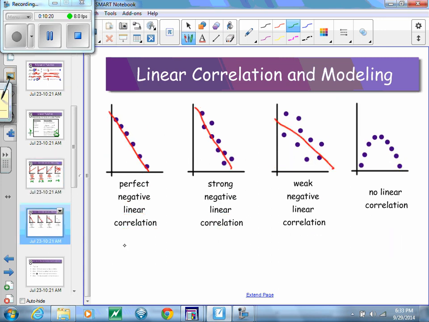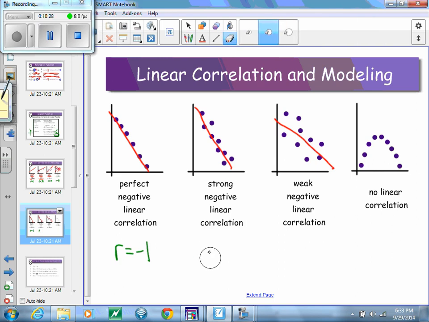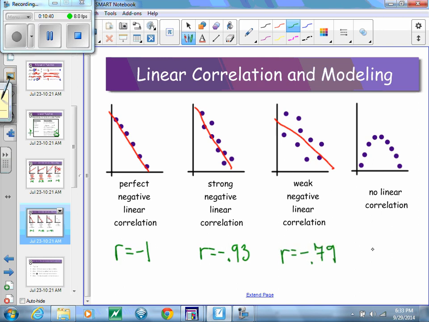Here, if I'm going downhill, this would be a correlation coefficient of -1. And as we start to drift away from that, I would end up with a correlation coefficient of maybe -0.93. Here we keep going away from that, so I'd be looking at -0.79. And here I would end up with a correlation coefficient of 0.